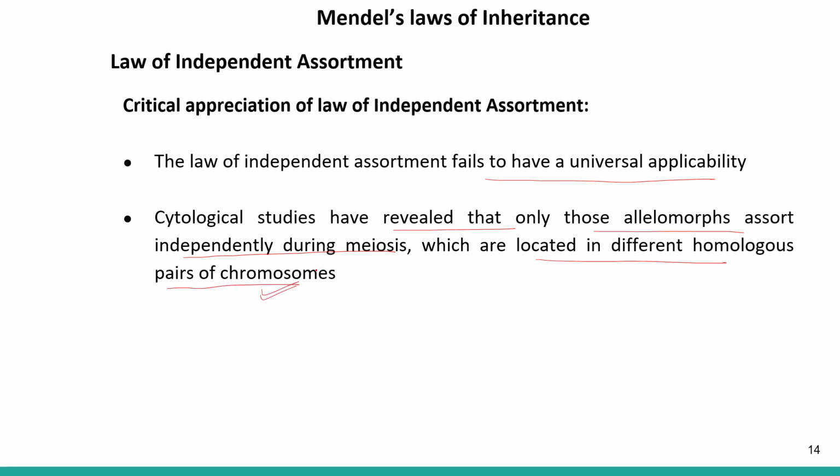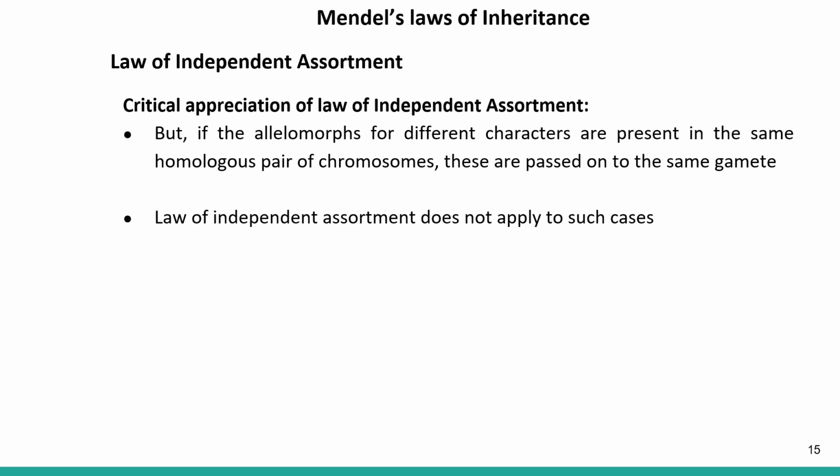Different homologous pairs of the chromosome means their locus on the chromosome should be different. Okay. But if the allelomorphs for the different characters are present in the same homologous pair of the chromosome, these are passed to the same gamete. So the law of independent assortment does not apply to such cases.